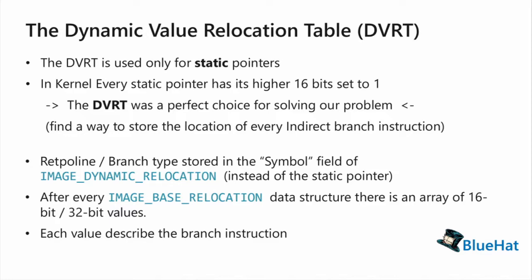At execution time, we recognize that the symbol is not a pointer, so we know it's something else. In this case, there is still the image dynamic relocation and image base relocation data structure, but after that there is an array of 16-bit or 30-bit values that is not an offset. Each value describes a branch instruction.